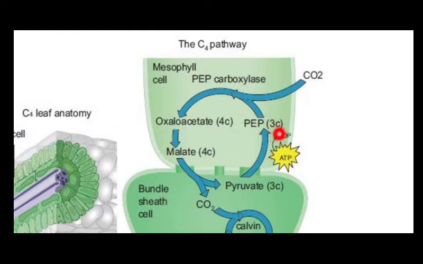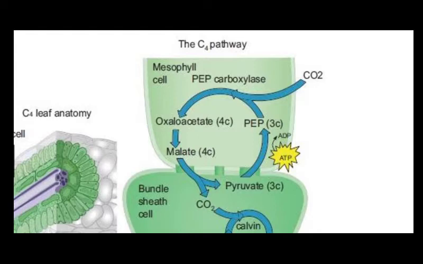It's a three carbon structure, and this PEP is the one into which the CO2 gets absorbed or bound, and the enzyme responsible for that is called PEP carboxylase, or phosphoenol pyruvate carboxylase.